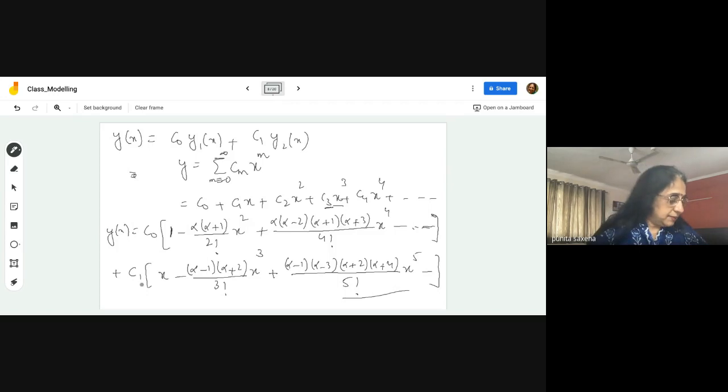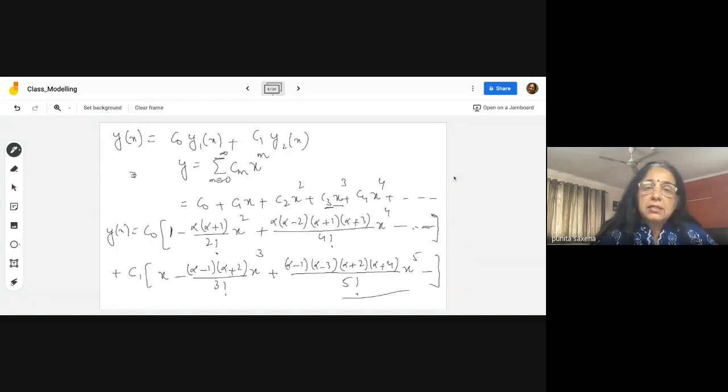Is this clear? Yes, ma'am. You can write the next 2 terms also in your notebooks. I wanted everything to be on one page, so I do not have much space left here. But then write the next 2 terms, that means the coefficient for x6 and x7. We have already computed them. Okay?